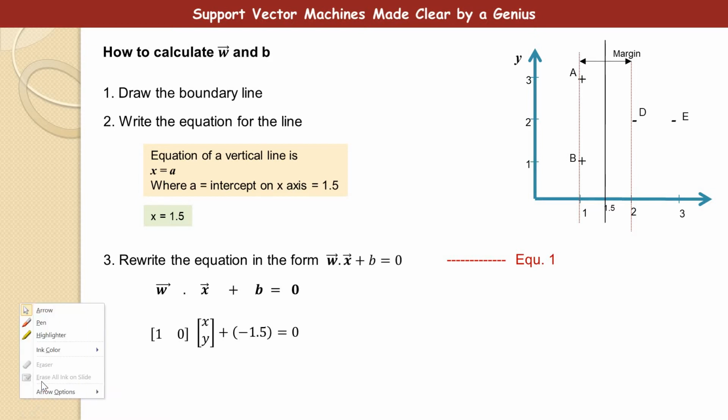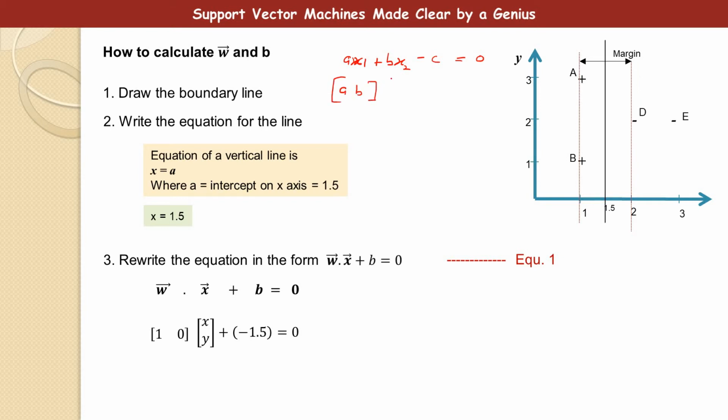So anytime you have a system of linear equations, let's say a x1 plus b x2, let's say minus c equal to 0, it can be written in the same way as the row a, b times the column x1, x2, then you have minus c equal to 0.